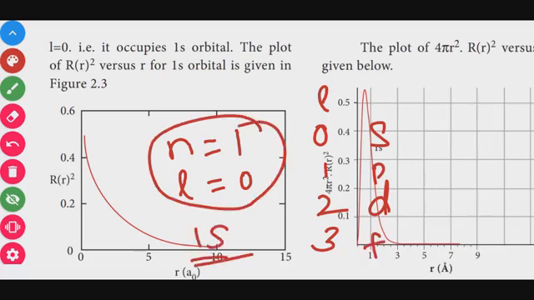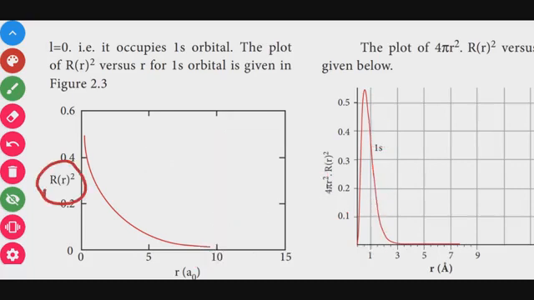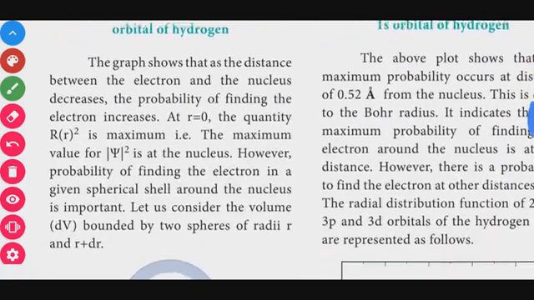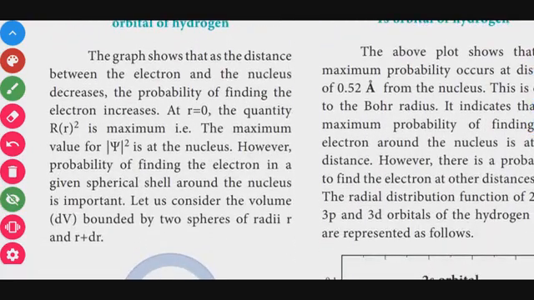The plot of R square, the radial wave function, for the 1s orbital, இங்க பாருங்க, it is like this. இந்த diagram படிக்கணும்னு அவசியம் இல்லை, just ஒரு glance பார்த்துக்கோங்க. The graph shows that as the distance between the electron and nucleus increases, probability decreases, that is an inverse relationship.